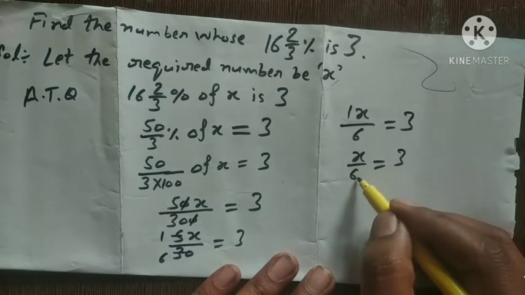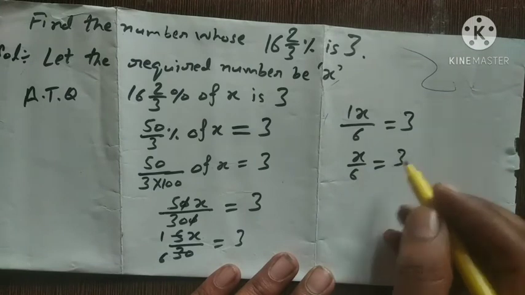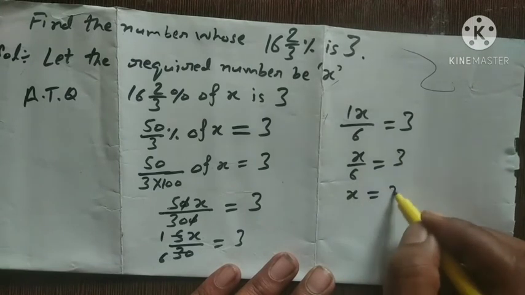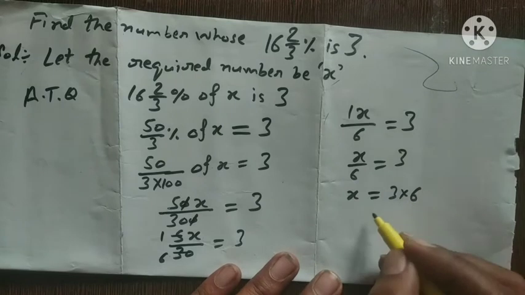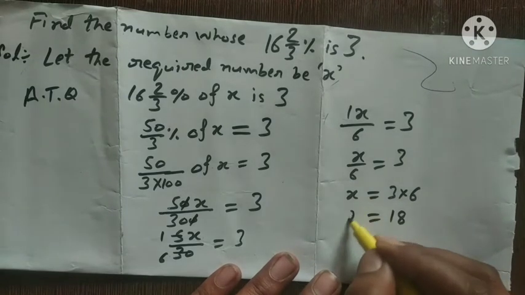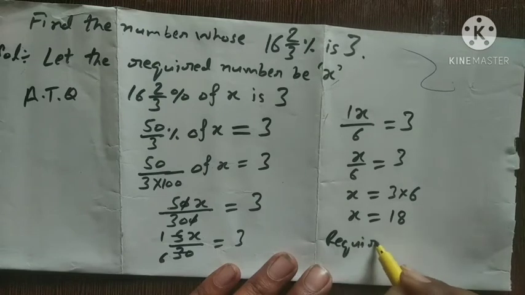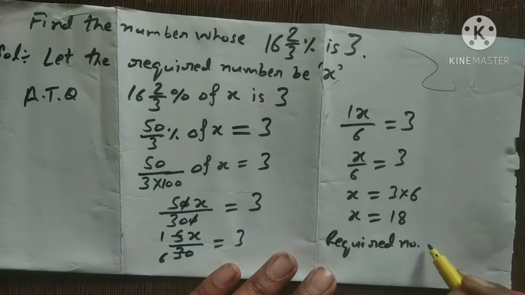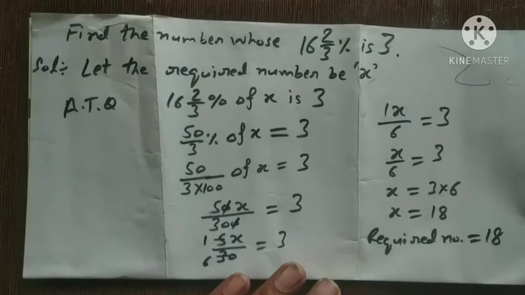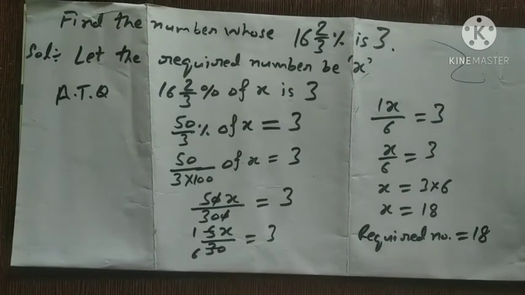Now I will multiply this 6 by the 3. So the answer is 18. So my required number is 18. Okay student, so in this way we have learned how we can find the number whose 16 and 2 by 3% is 3.